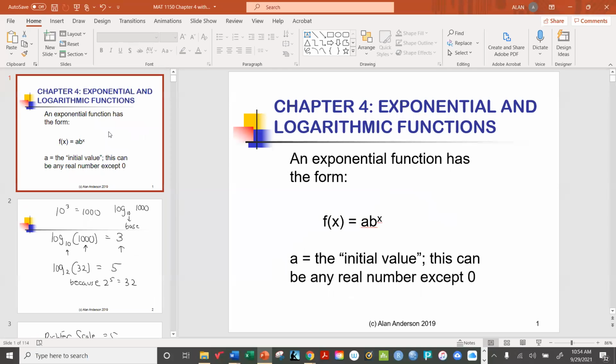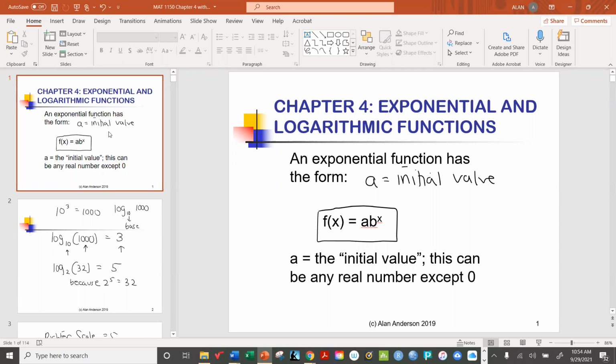So we're going to start out by writing a very general expression: f of x equals a times b to the x power. And again, we can use this to model a lot of situations in the real world. And a will be defined as the initial value of this function. And why is that?